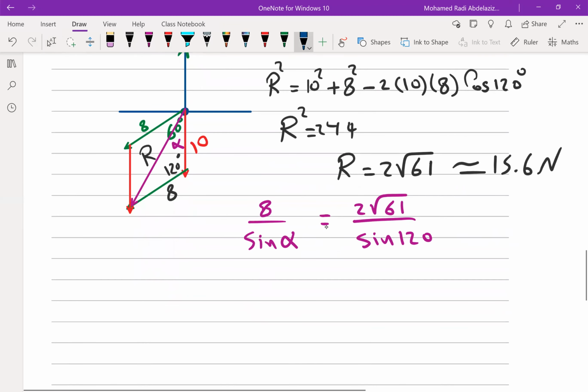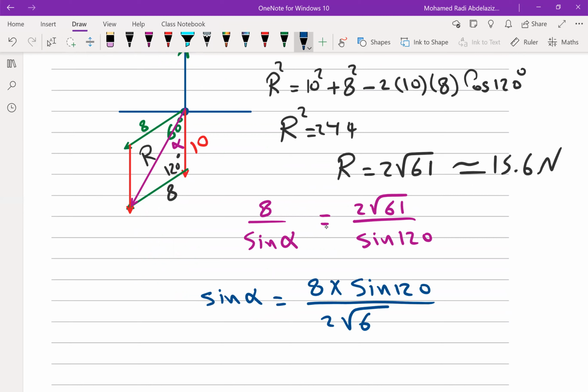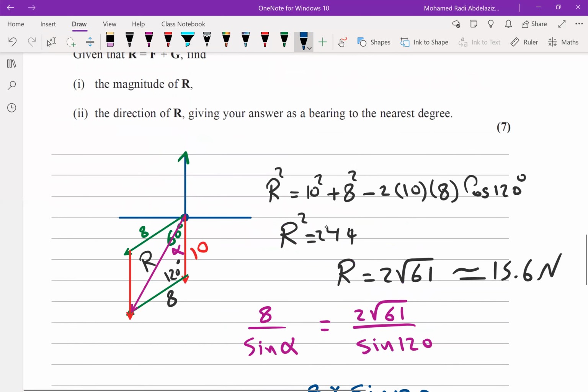Sine alpha is equal to 8 multiplied by sine 120 divided by 2 root 61. Then use shift sine on 8 times sine 120 divided by 2 root 61 to get the measure of angle alpha, which is 26 to the nearest degree.